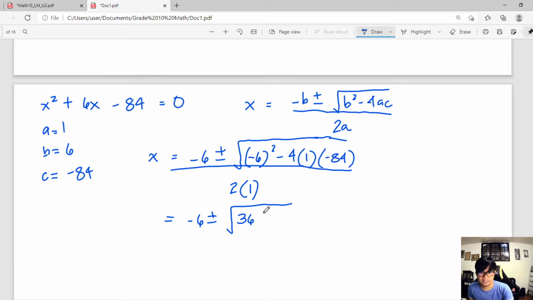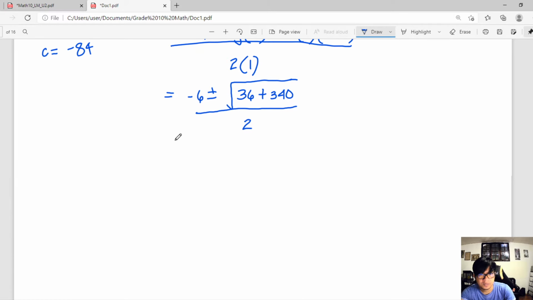Negative 4 times negative 84 is 336, so the sign here is plus 336. Adding them, we have negative 6 plus minus square root of 372 all over 2.